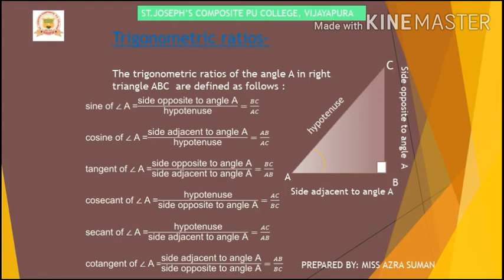In short, we tell cosecant of angle A as cosec A, secant of angle A as sec A, cotangent of angle A as cot A, and cosecant, secant and cotangent are the reciprocals of sine, cosine and tangent of angle A respectively.